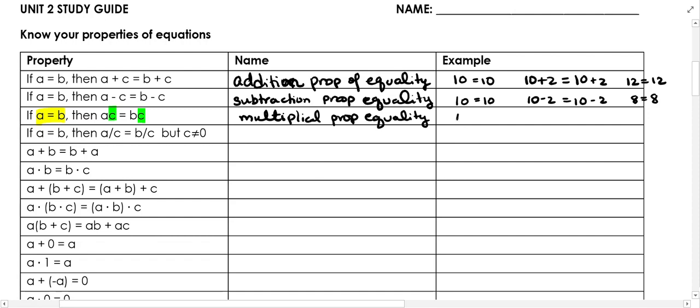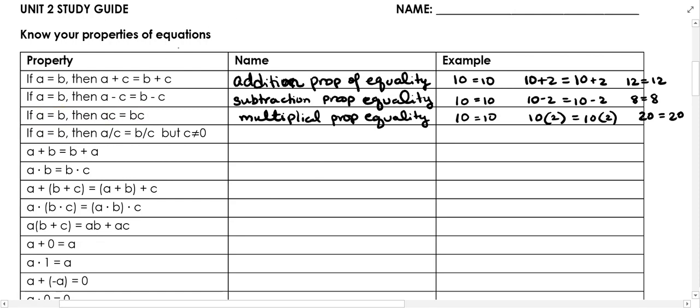So you got 10 equals 10. You multiply this side by 2, and you also multiply the other side by 2. Do you still get the same thing? Yes, 20 equals 20. So this is the multiplication property of equality. Whatever you do on one side, you do to the other side, you maintain equality.